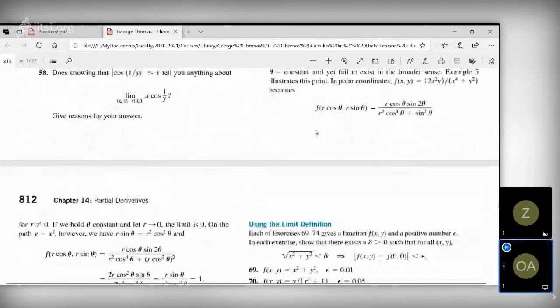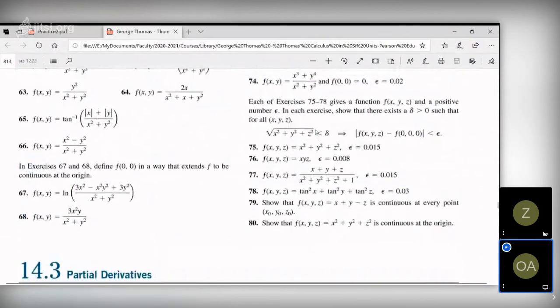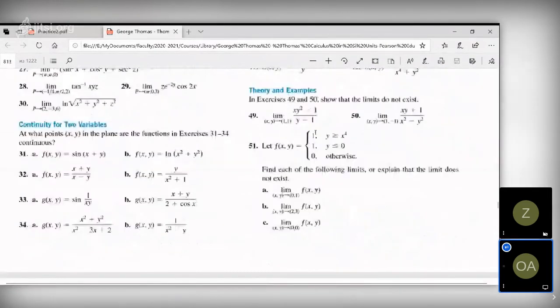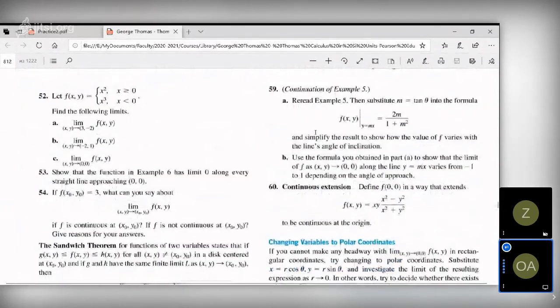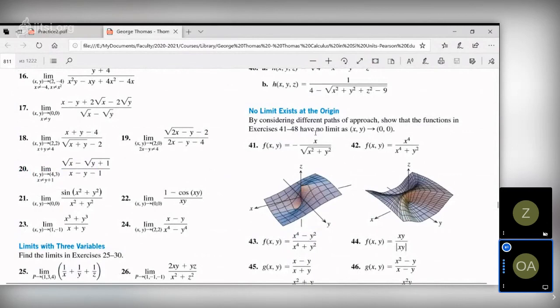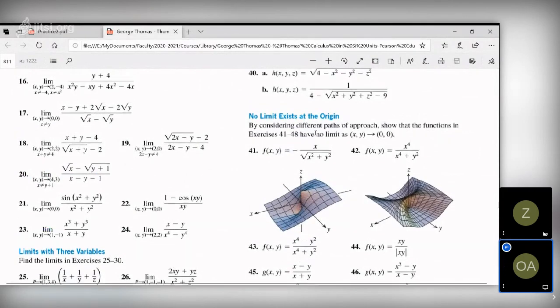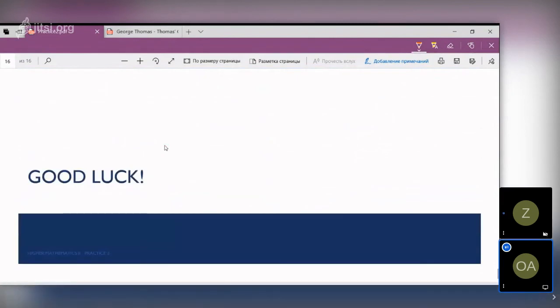There are, I think, 80 exercises there. It's okay if you can solve 60 or 40 of them if you have time. If you have any questions about solving these exercises, try to ask me. I'll try to answer.